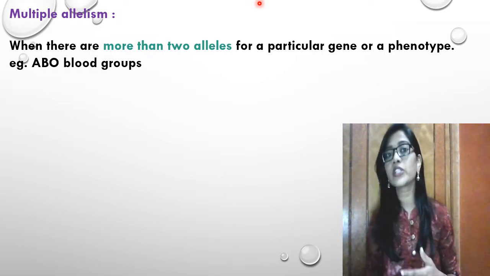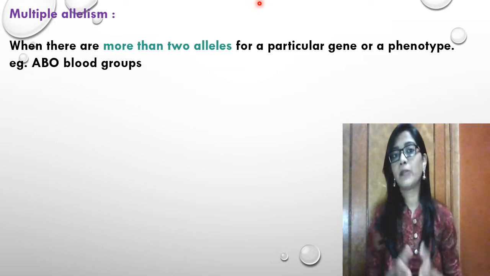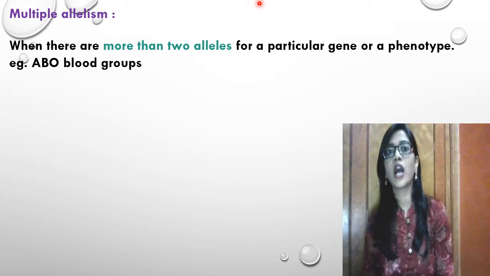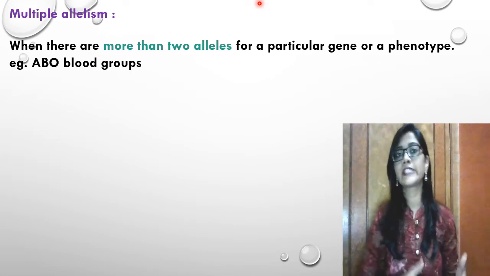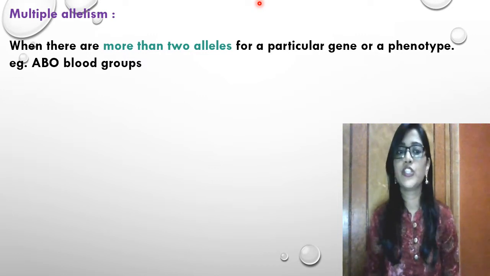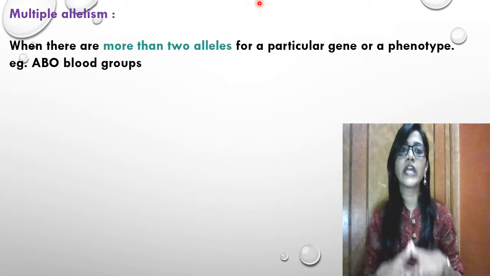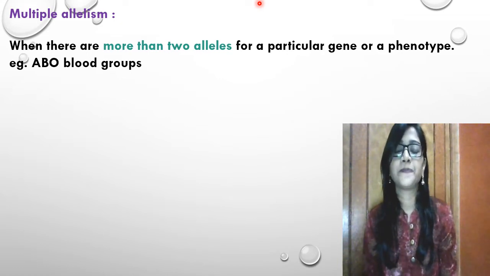But when a mutation occurs, the information present in the DNA gets altered, and because of that the genetic information being passed on will be expressed differently. So here we are talking about that series of alternative expressions in multiple allelism.